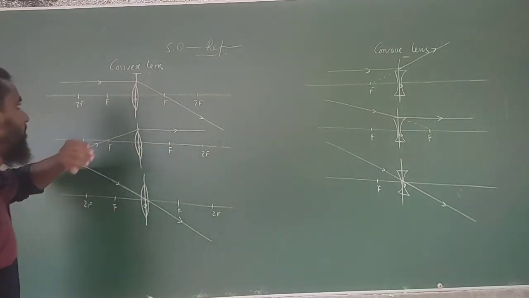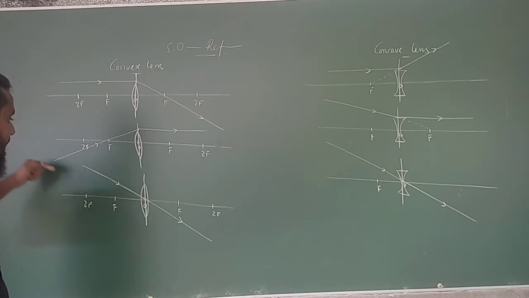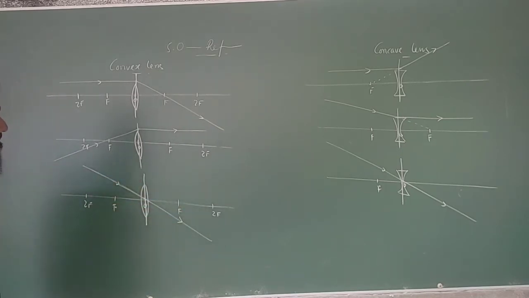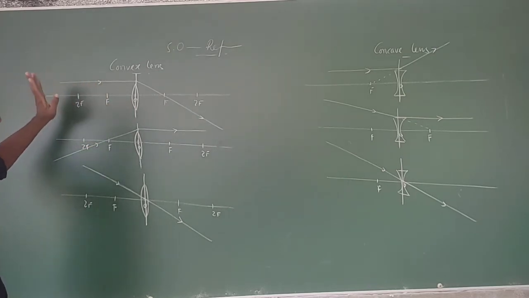Okay, then for the convex and concave, we know how to draw if a ray comes parallel to the principal axis, comes through the focus, and comes through the optical center. Using these basic ideas, we are going to draw to determine where we are going to get the image, according to the places that we are placing the object.